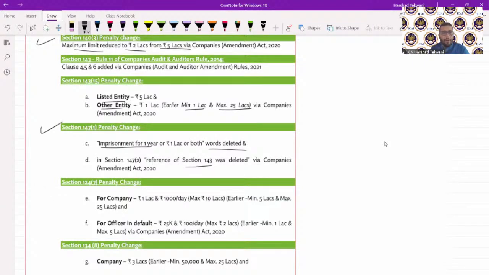Now, for listed entities, 5 lakh is kept the same, but for other entities it's 1 lakh. So the maximum limit has been reduced. A penalty in any other company will be rupees 1 lakh directly.